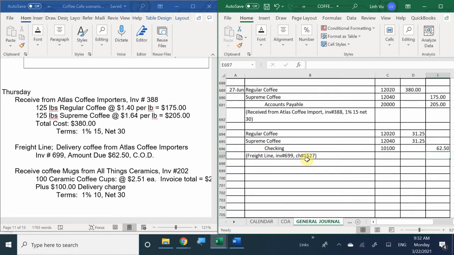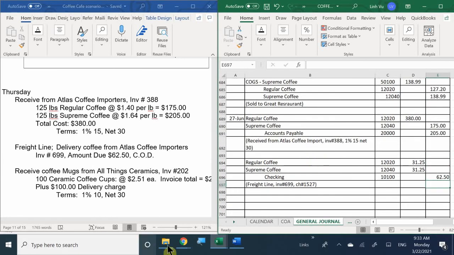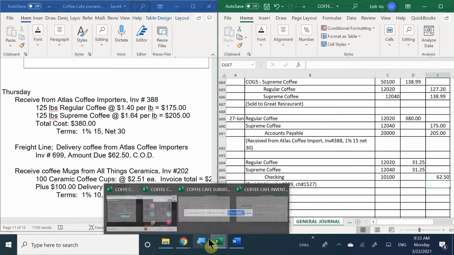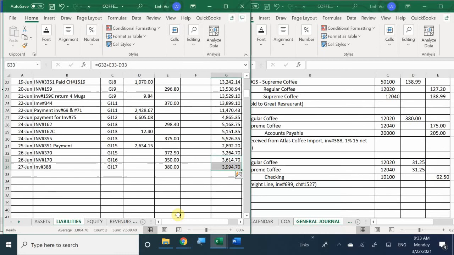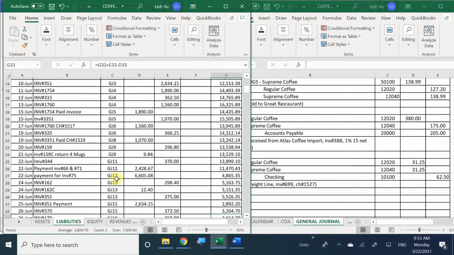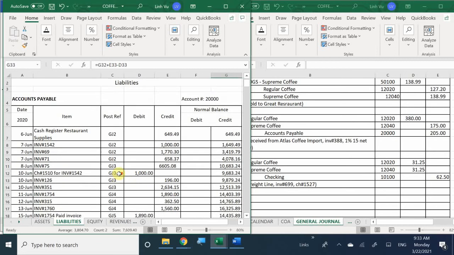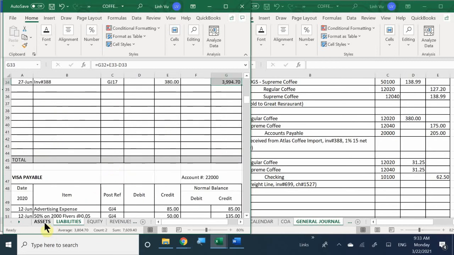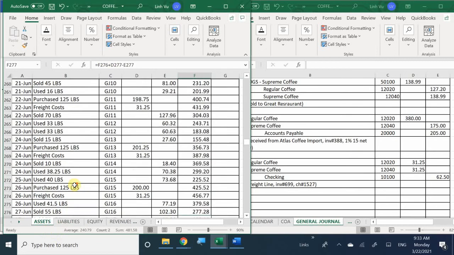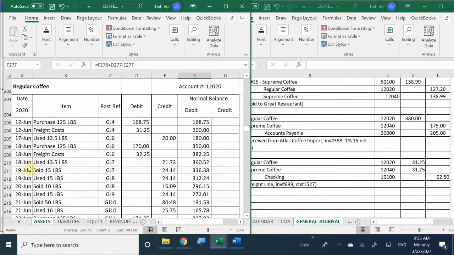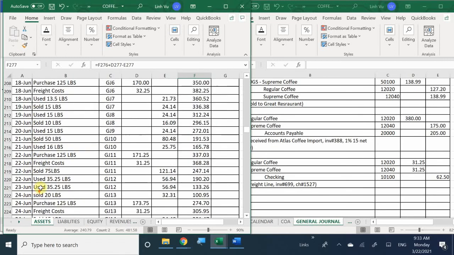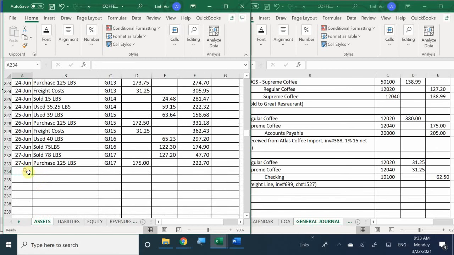General ledger. Here we're going to re-enter our amounts in each coffee. I'm in the wrong section, so here we are. We're already on regular and Supreme Coffee, so now let's update the freight charges. So 627.